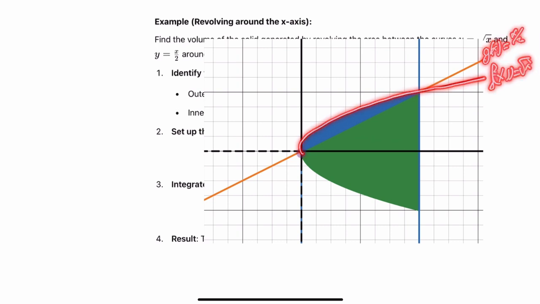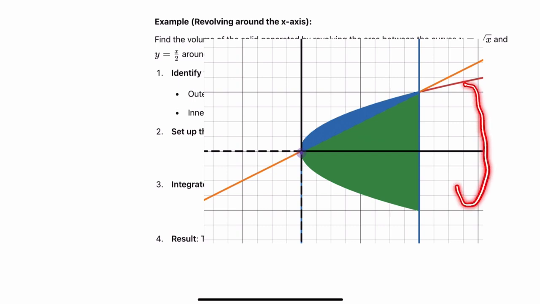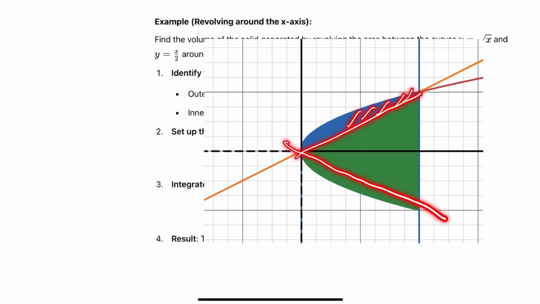We are asked to find the volume from 0 to 4. If this function revolves around the x-axis, it will give us this shape, and the same for the other function. So we get a solid which has a hole inside it.